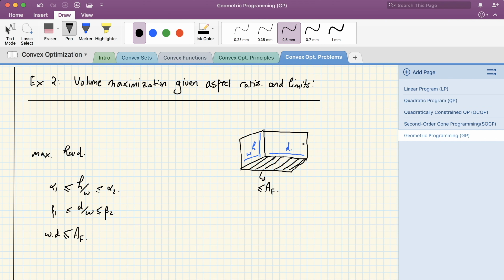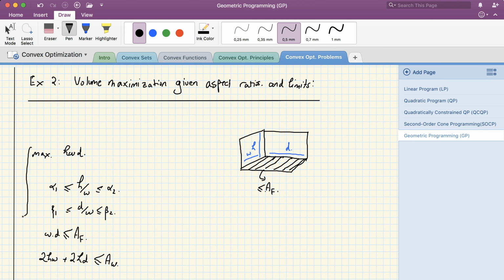I've got 4 walls, out of which 2 have areas HW, and the other 2 have areas HD. So the total surface area should be bounded by A_W, which is for wall.